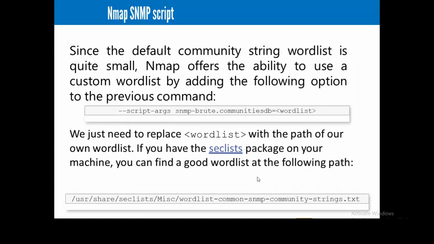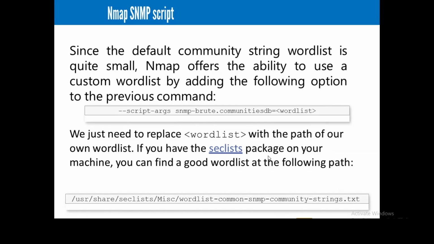So if you feel that you want to, either you download the word list that you want and place it in that folder, or you can append your command with this, as displayed on the screen. You just need to replace the word list with the path of the word list only.